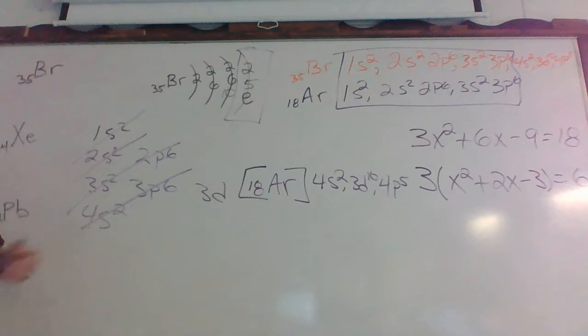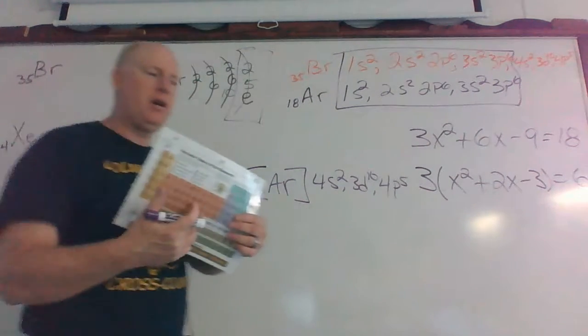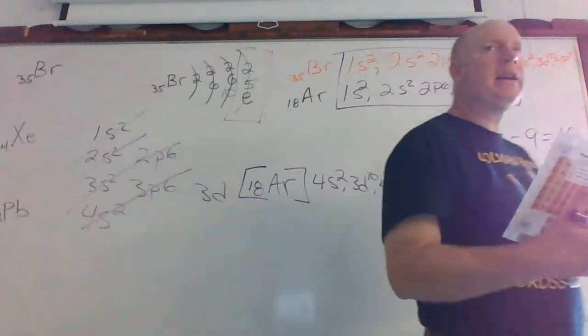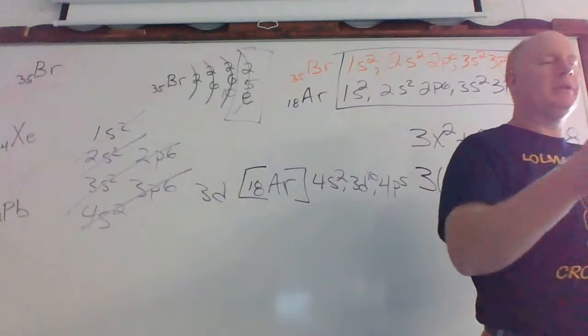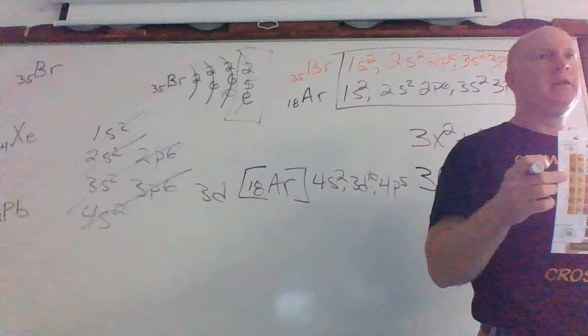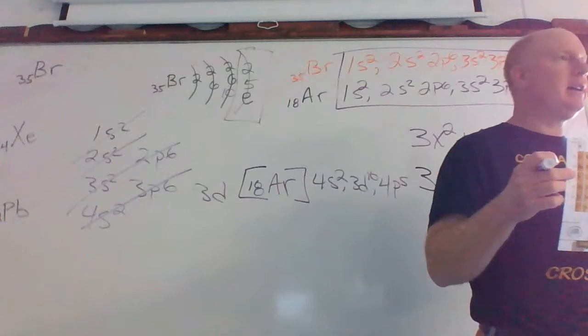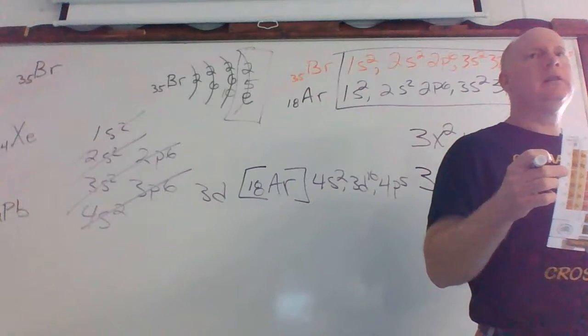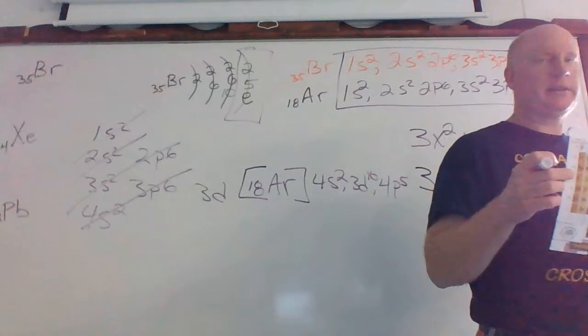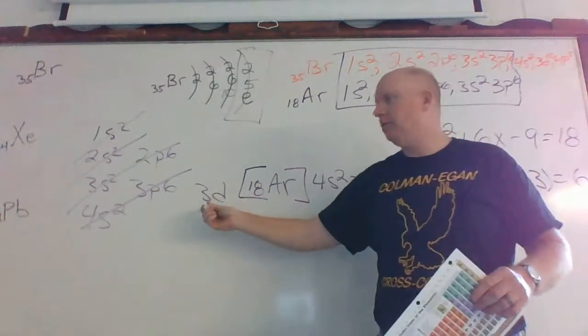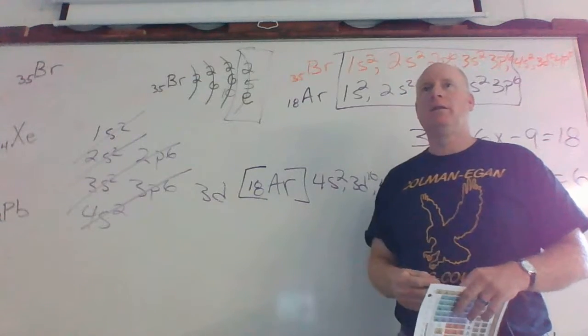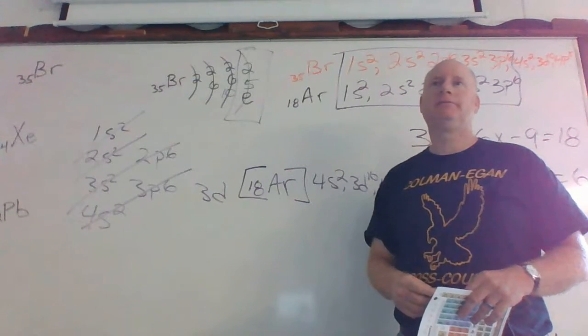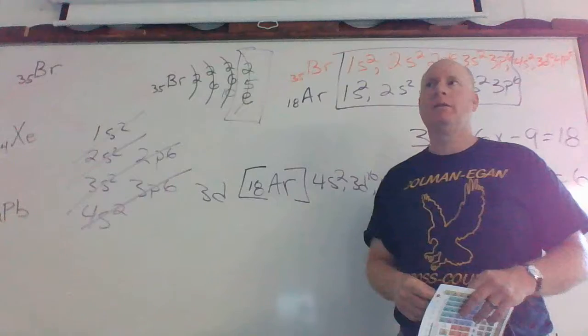So remember, you can use this to a certain extent, but if there's an element that falls in the D block, you have to subtract 1 from the periods. Does that make sense? Yes, because that's what this is telling you right here. Yes. Yep.